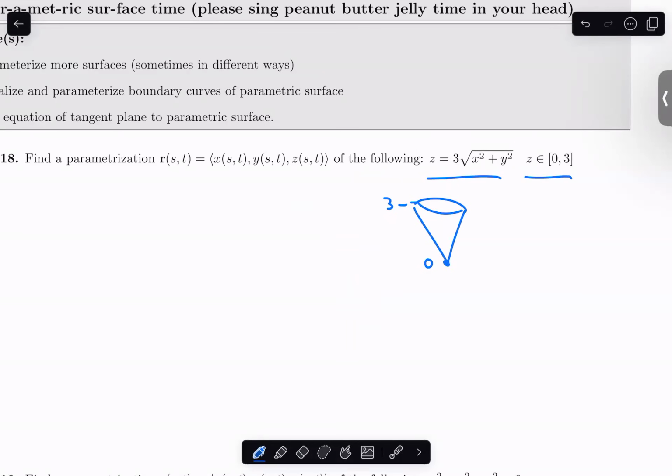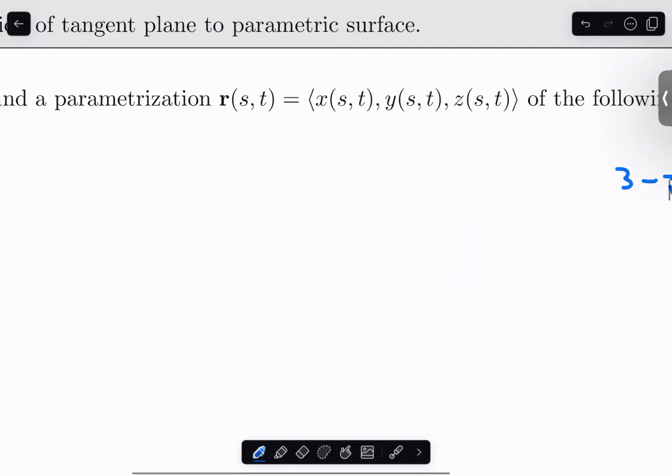So when I have a cone like this, or even if you don't see that it's a cone, when you have x squared plus y squared, you're probably thinking that fits well into cylindrical, because x squared plus y squared equals r squared. And if you can visualize it, you really see that it's circular as well. So all these things get me thinking I would like to use cylindrical to inspire my parameterization here. Again, we need an x equals, a y equals, and a z equals in order to get our full parameterization.